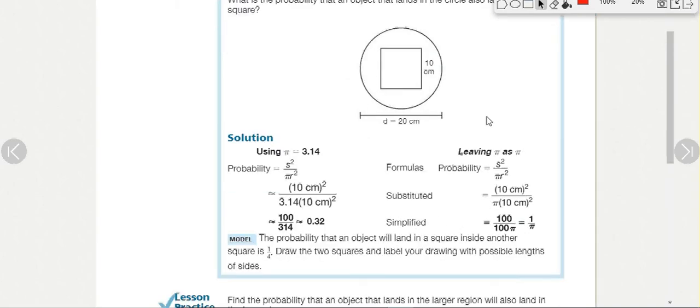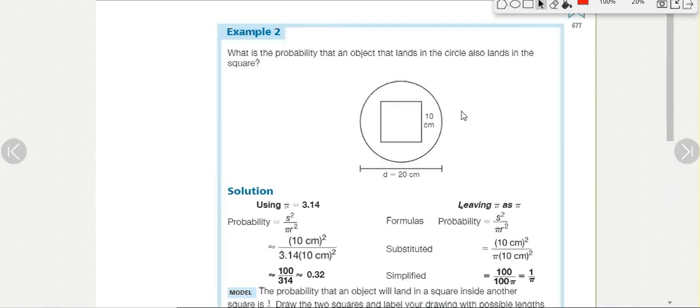Now this works also for these odd, I don't know what this situation is, but what's the probability that if you dropped an object, it's going to land in the circle outer region? What is the probability that an object that lands in the circle also lands in the square? Okay, so they're saying in the circle so that you don't argue, well, it is in the circle.